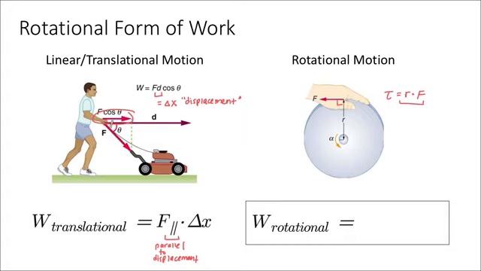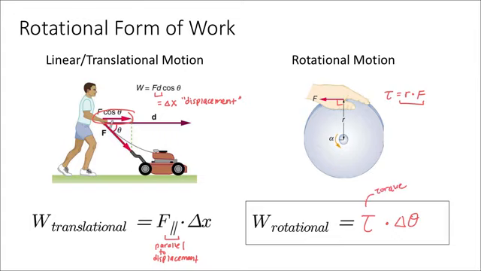If they apply this torque for a certain angular displacement, maybe 2 rotations, we can figure out the total amount of rotational energy that they gave the wheel. And so just like force and displacement in linear terms, for work in rotational terms we will use torque multiplied by not linear displacement, but angular displacement, delta theta.